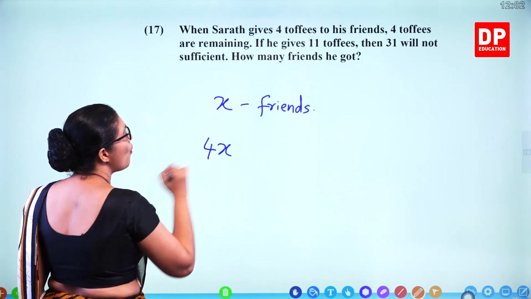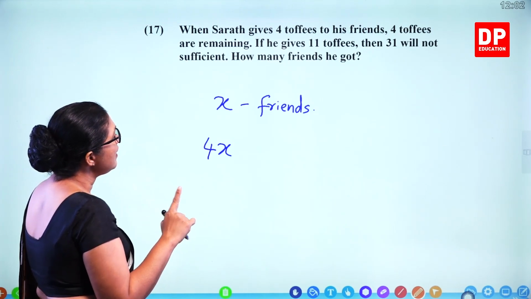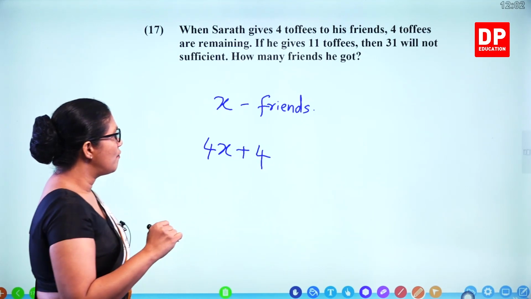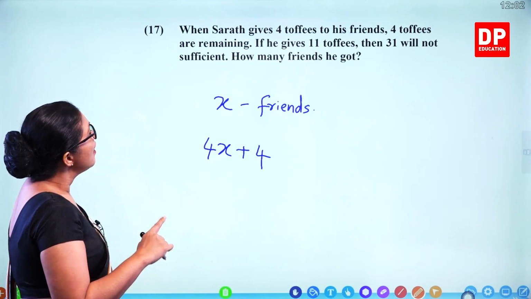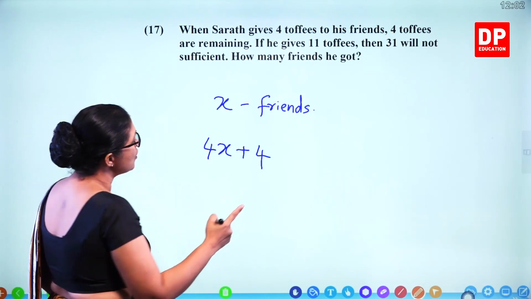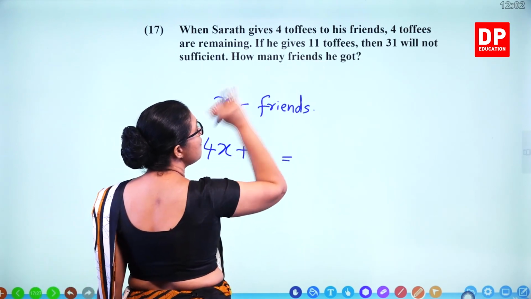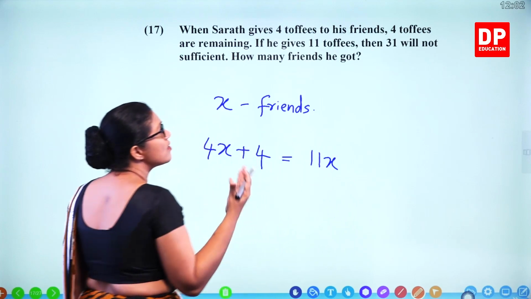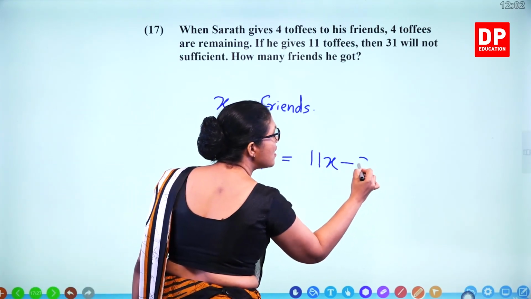So total 4x he gave. Then 4 toffees are remaining. So the total number of toffees is 4x plus 4. If he gives 11 toffees, the same number of toffees is there. That's 11x. But 31 will not be sufficient, so we need another 31.